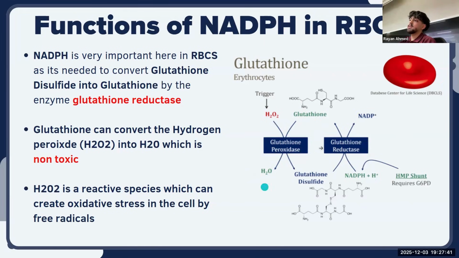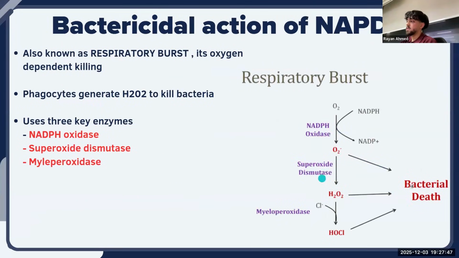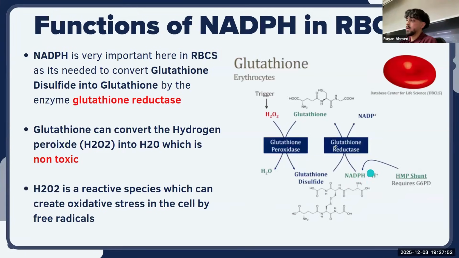Now, H2O2 is a reactive species which can create oxidative stress in the cell by free radicals right here and lead to the death of RBCs. But we have glutathione, which is produced by the help of NADPH through the enzyme glutathione reductase from glutathione disulfide. Sorry. There's a lot of names, but just remember glutathione and glutathione reductase. These are the two that they are going to most probably ask about.